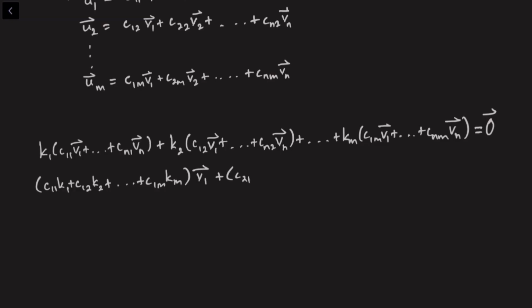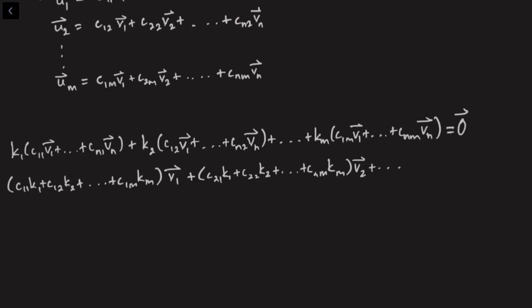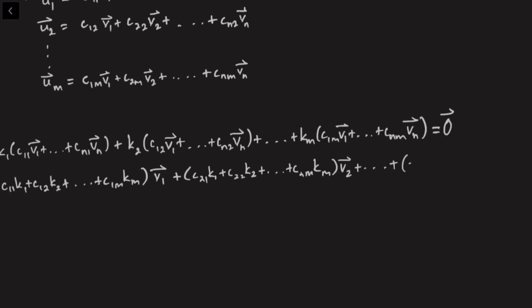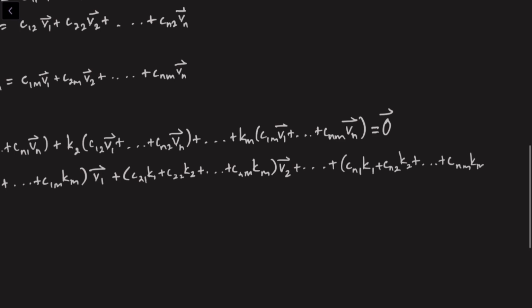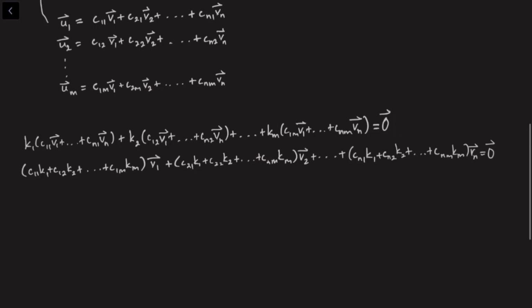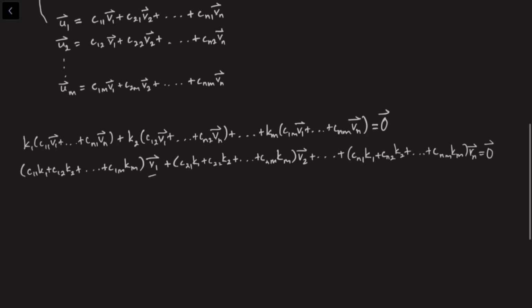So that will be c21 k1 plus c22 k2 plus c2m km times v2 plus, and we have up until vn. So for vn, it would be cn1 k1 plus cn2 k2 plus cnm km times vn. So we will have this. Now we have a linear combination of the v vectors.